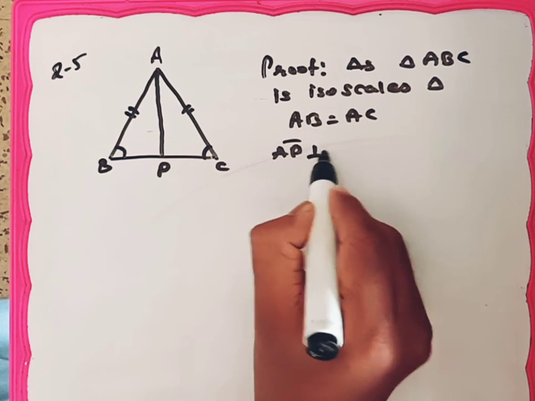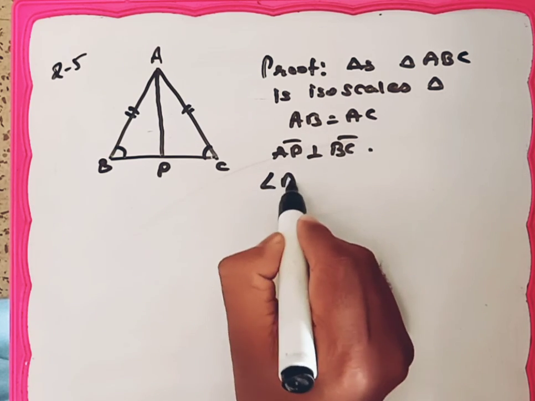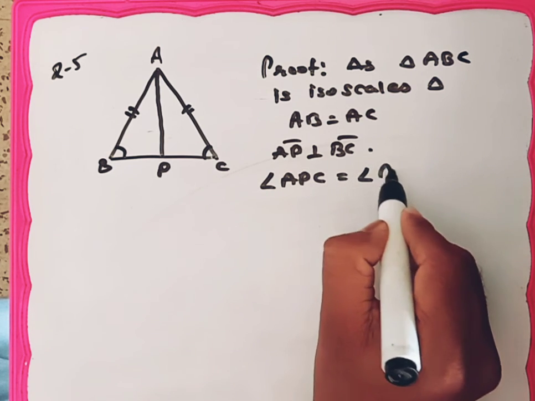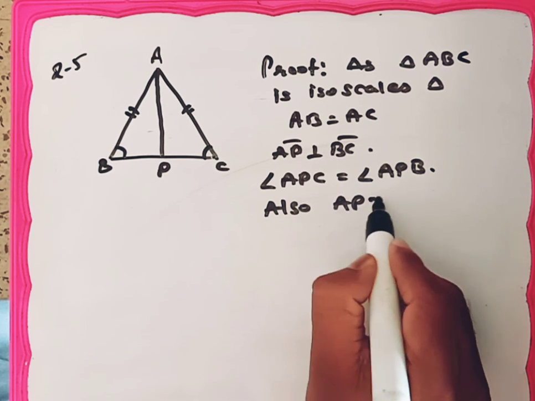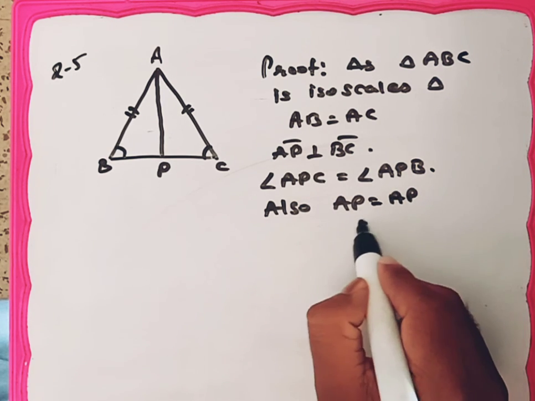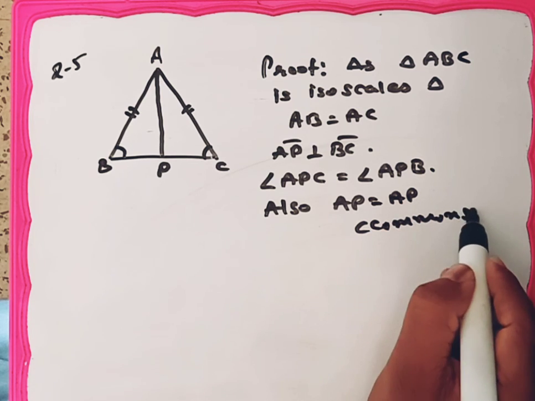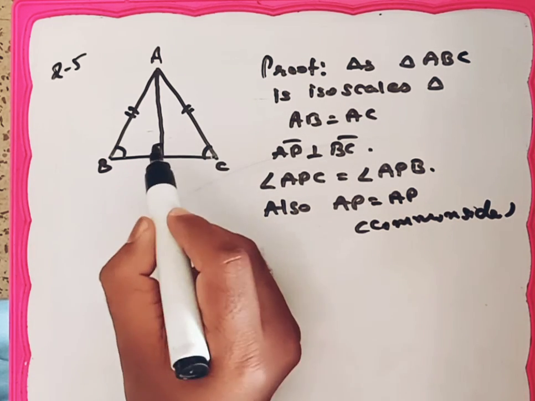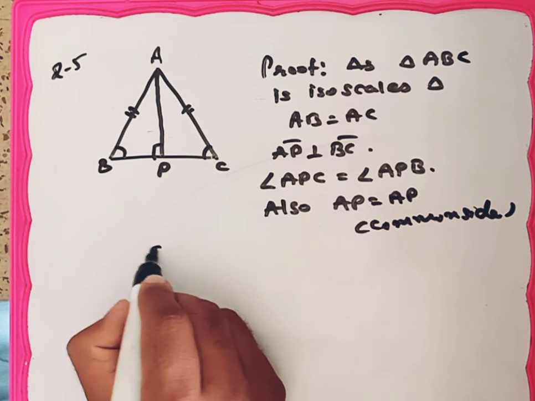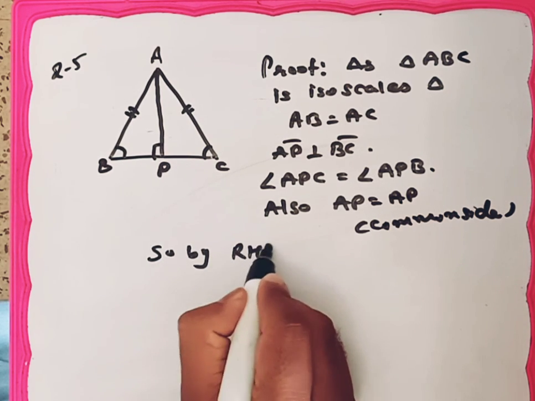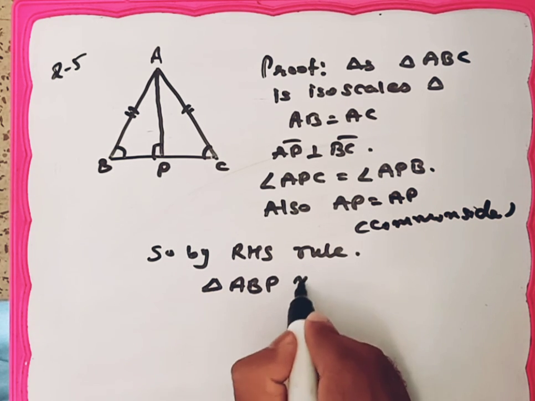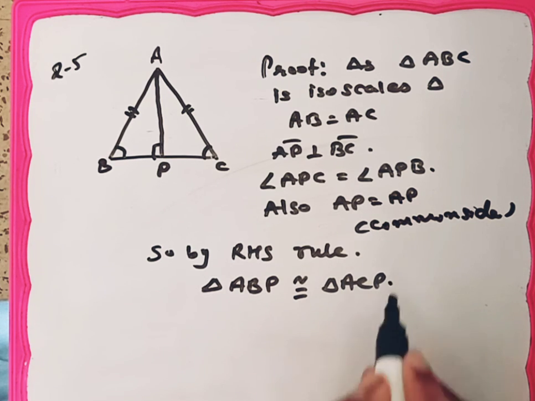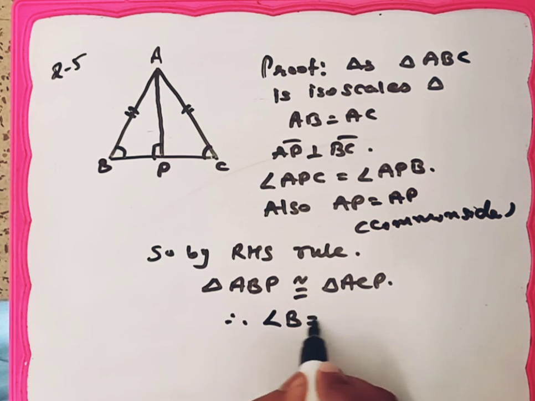Now AP is perpendicular to BC, so angle APC equals angle APB. Also AP equals AP, common side, and so right angle, hypotenuse and side. So by RHS rule, triangle ABP is congruent with triangle ACP, and therefore angle B equals angle C by CPCT.